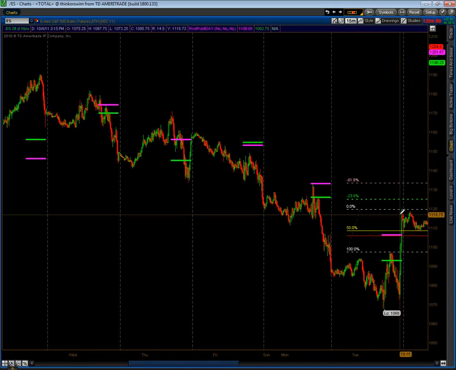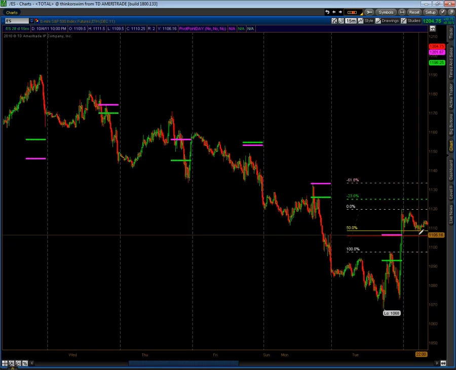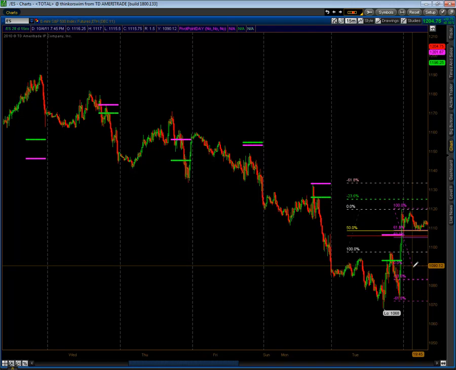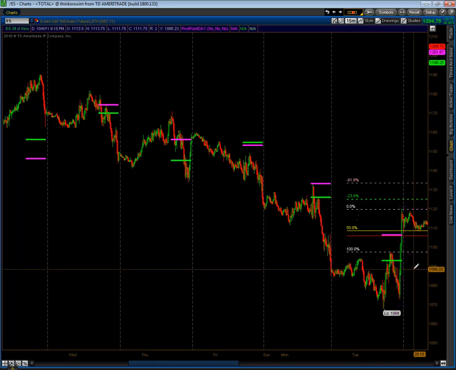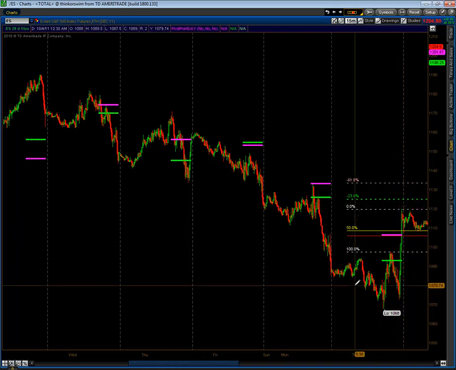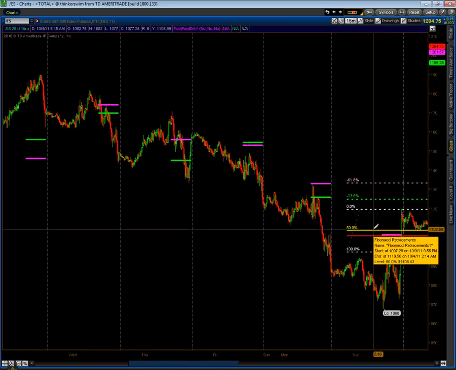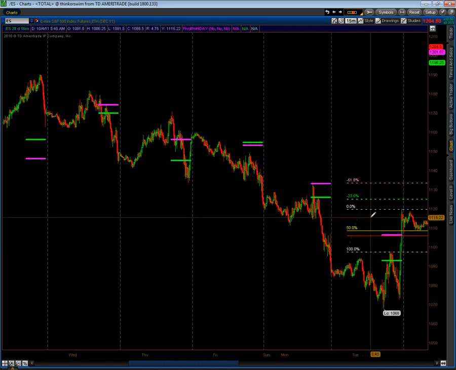Now again, if we failed this 61.8 here, I would immediately draw from the high to wherever that failure is, and I would short the next level. One thing you have to be aware of, though, is that extensions are relatively aggressive. Usually the ES will come all the way halfway back after breaking trend.